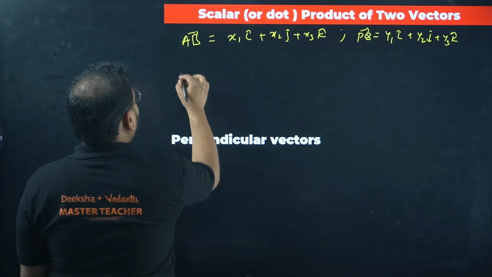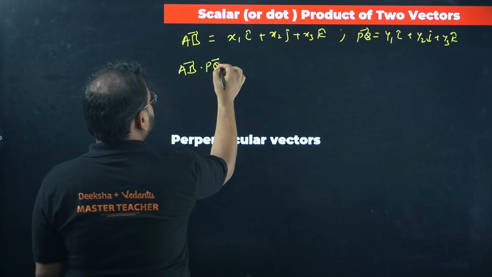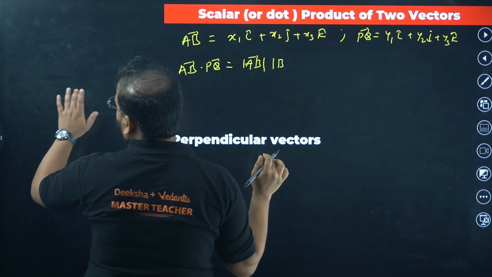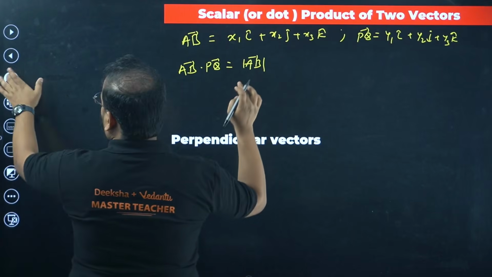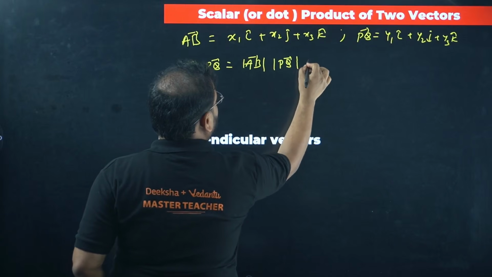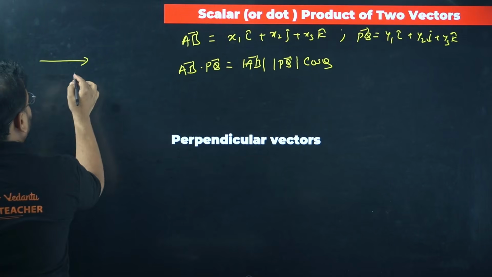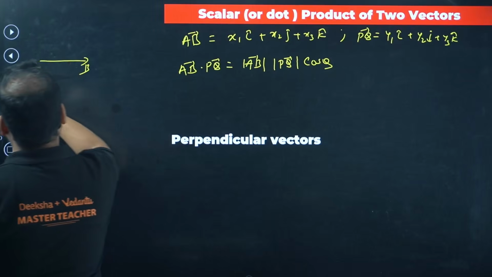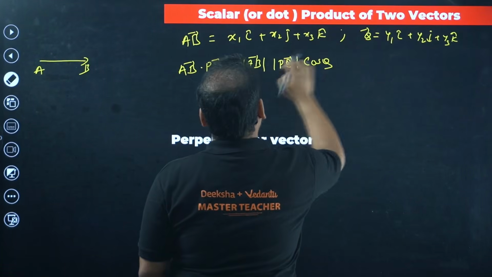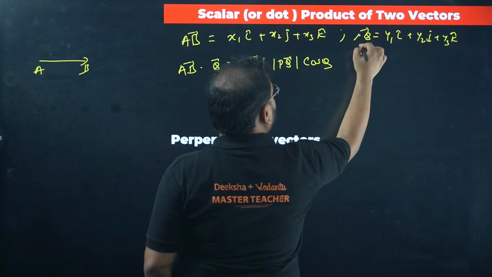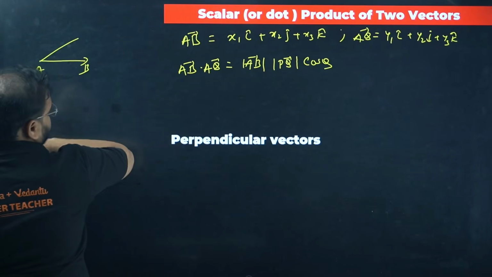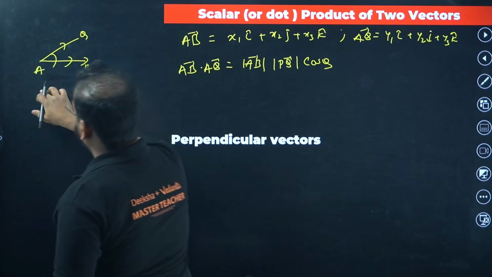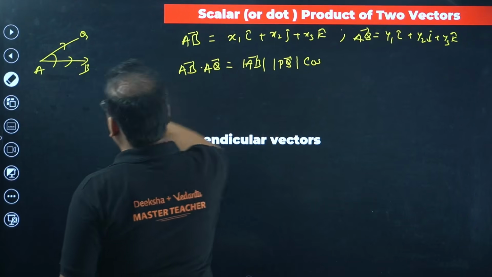Then my dot product, AB dot PQ, is given by this formula: magnitude of AB, magnitude of PQ, and cos theta, with the angle theta between them.